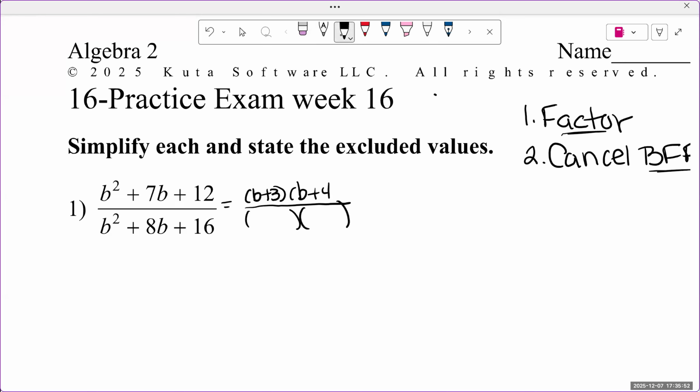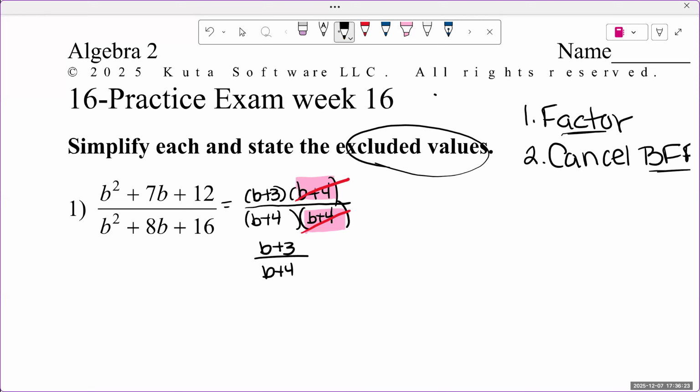Two numbers that multiply to get 16 and add to get 8. So that's 4 and 4. Okay, so now we have BFF couples and we have a matching set. So the b plus 4s cancel, and we have b plus 3 over b plus 4.